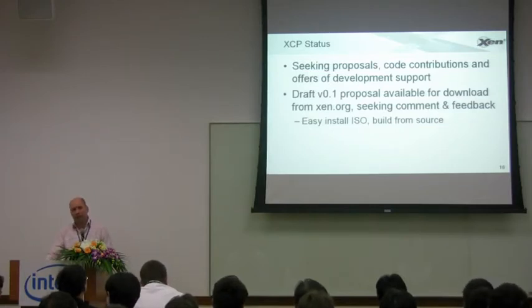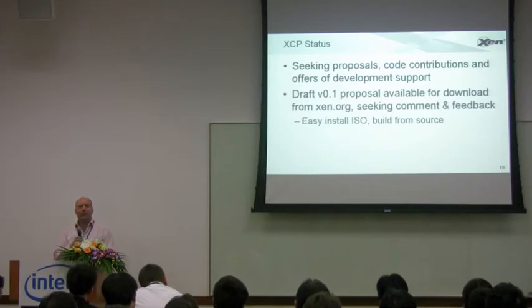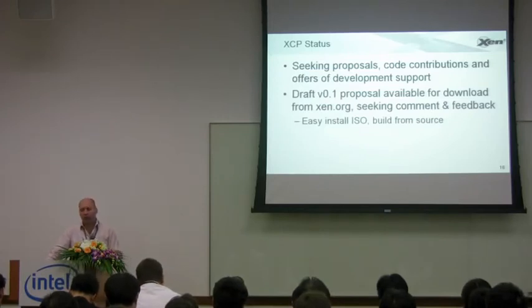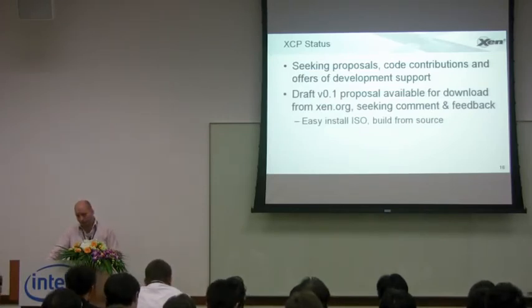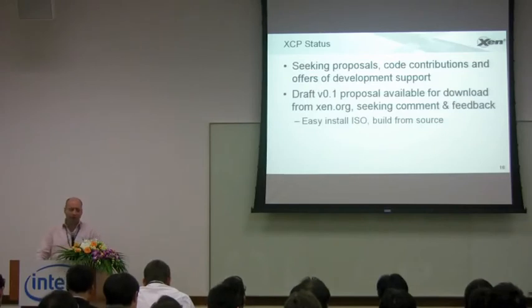And also there have been many offers of development support from companies that have wanted to add particular features or support particular platforms. So all of that information is being pulled together on the various Xen.org wikis and getting that website up to date.